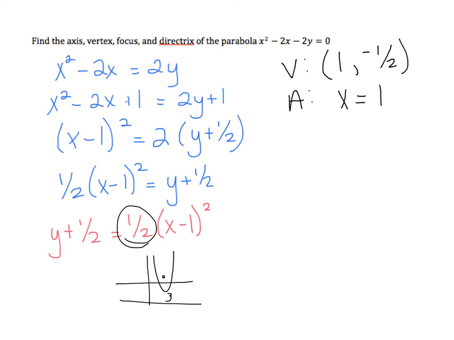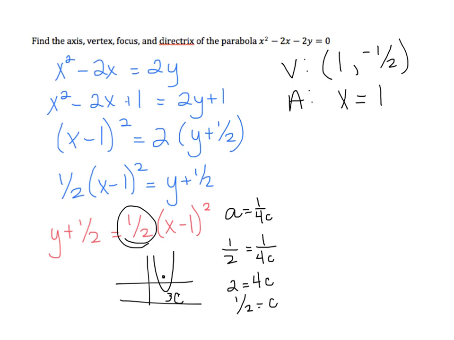That's C. So I remember that A is equal to 1 over 4C, which means that 1/2 is equal to 1 over 4C. Cross multiplying, or whatever you want to do, essentially that means that 2 has to equal 4 times C. So C is 1/2.